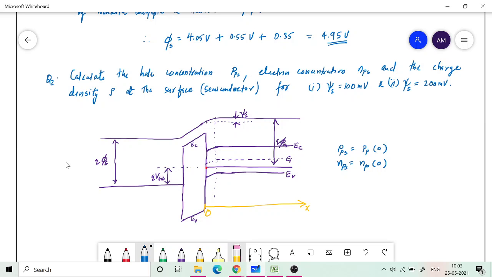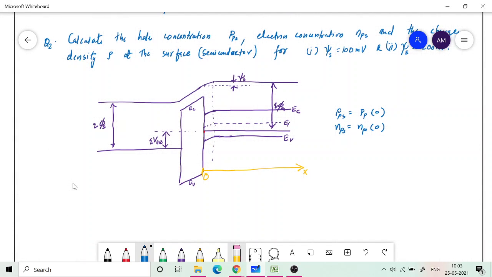Away from this, in the bulk, we know the concentration, and we need to find out what it is at the interface. So how will we find out? Again, the same relationship which I wrote earlier for question number 1, we can make use of here also.